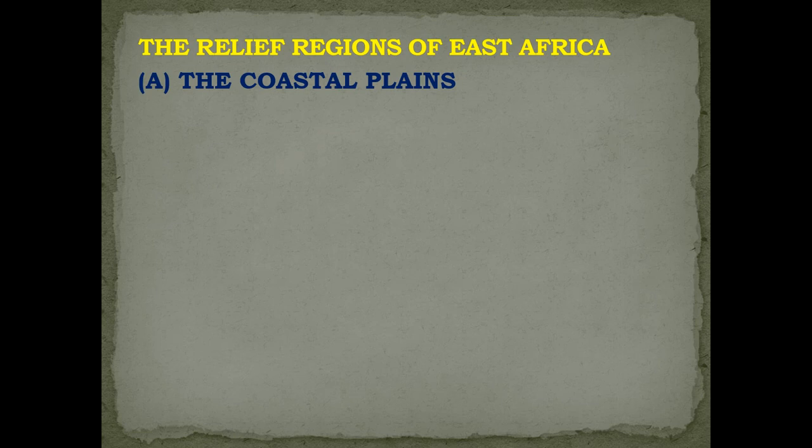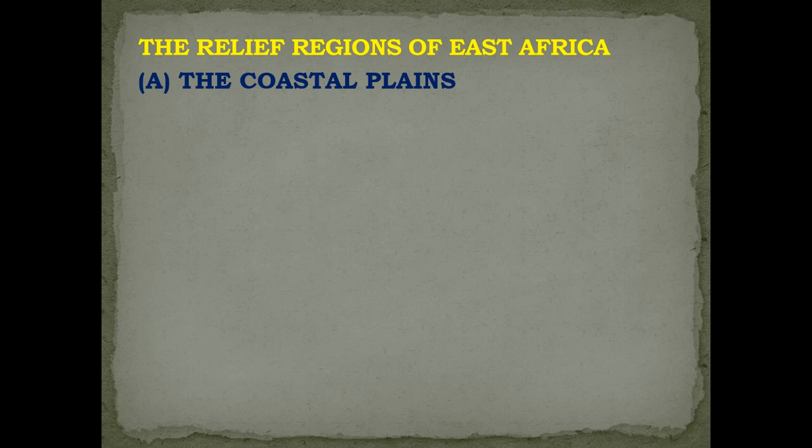Then the human geography looks at the activities which are done by man as a way of utilizing the physical geography of East Africa. So the activities which man does with the help of the physical environment is what we call the human geography. Let us begin exploring the physical geography of East Africa.